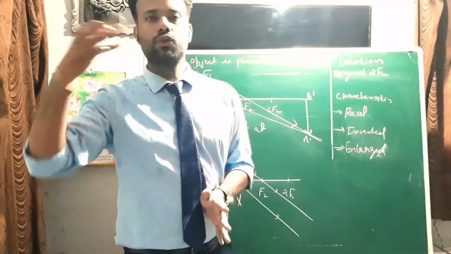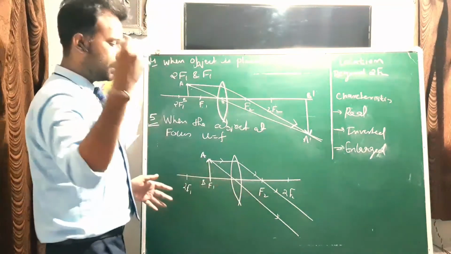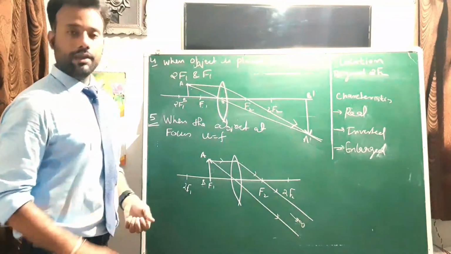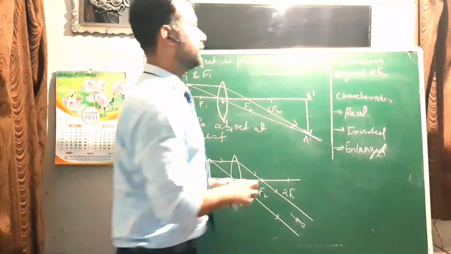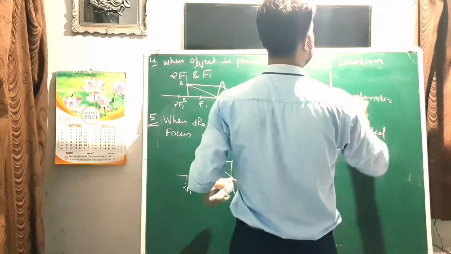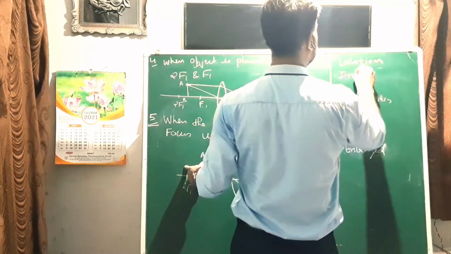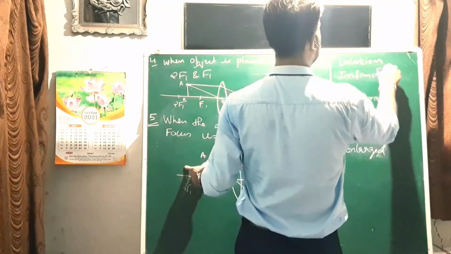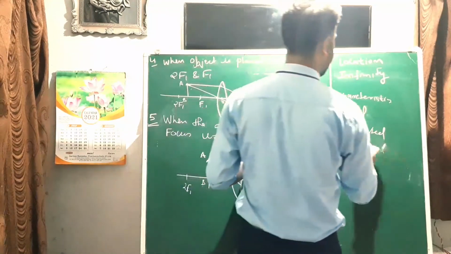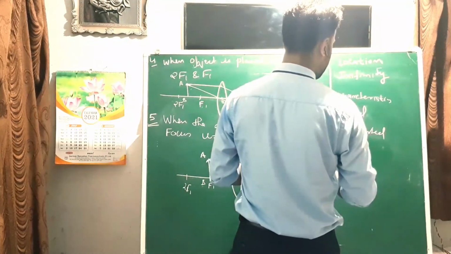We just assume that they will intersect at infinity, so they are going to infinity. That means the location is at infinity. Characteristics: real, inverted, and highly enlarged or highly magnified.